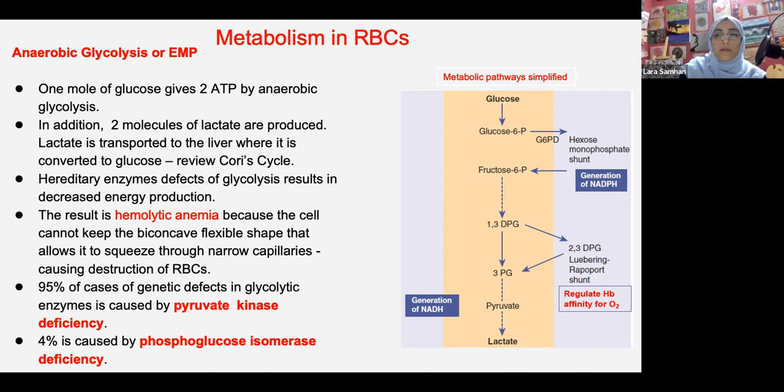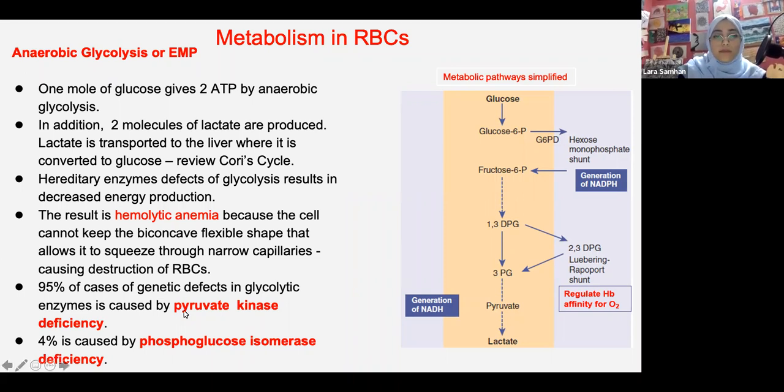This won't let the RBC squeeze itself through the capillaries, because the normal biconcave RBC shape is flexible, and it has a flexible membrane. This flexible membrane allows it to squeeze itself wherever it is, in a small capillary, in the veins, in the arteries. If it gets hemolyzed or has an abnormal shape, the membrane will not be flexible, which will not let it squeeze into small capillaries.